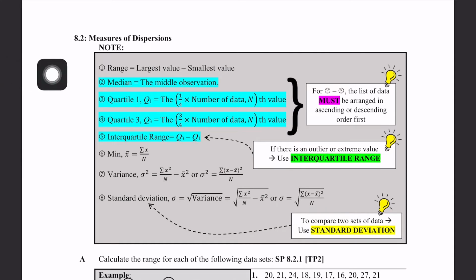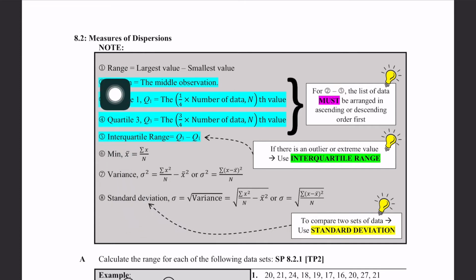There are few things that we can do to measure the dispersion of the data. The first one is by range, median, quartile 1 ataupun first quartile, quartile 3 ataupun third quartile, interquartile range, mean, variance and standard deviation.